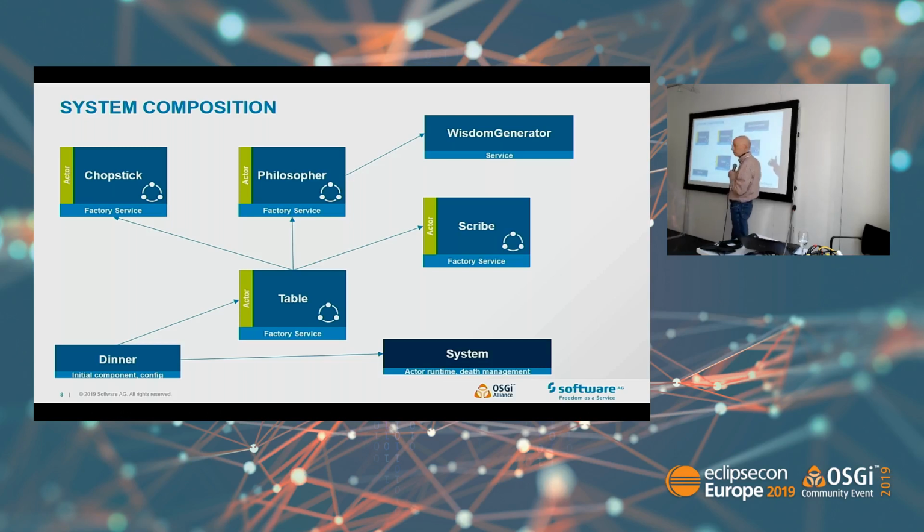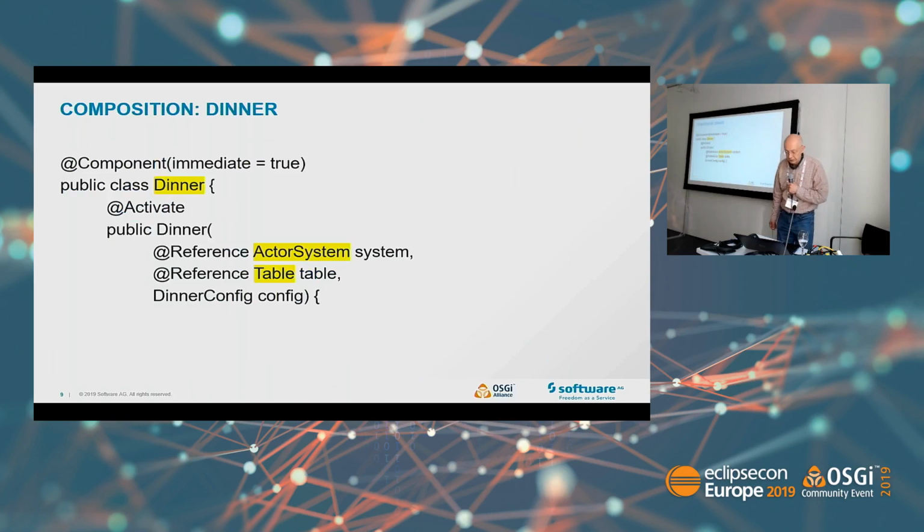And these are all OSGi services which are injected. So the construction is completely by injection. For instance, the dinner component, which is a plain, non-actor component, gets an injection during activation, in the constructor of the system.